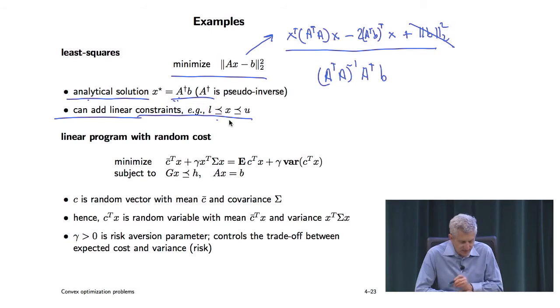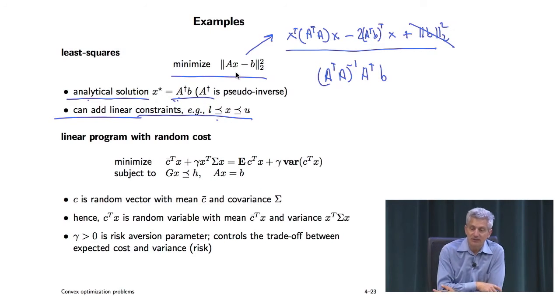And I can add constraints. For example, I could bound x between numbers. I could have a regression problem, and I could say, please fit my data b with a linear combination of the columns of A. But I don't want any of the coefficients in that linear combination to be more in absolute value than 1, they have to be between -1 and 1.